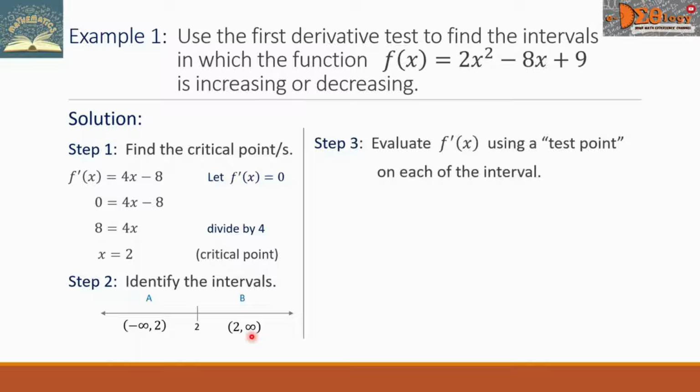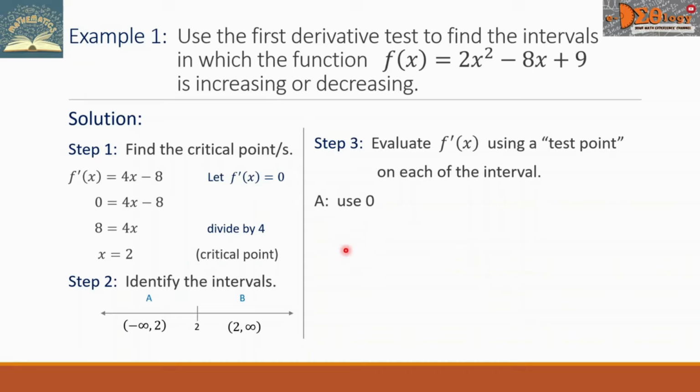Then step 3. We evaluate the derivative using a test point on each of the intervals. Let's begin with interval A. Look at our interval A. Notice that the value 0 is in interval A. It is better to use that value for easy computation.